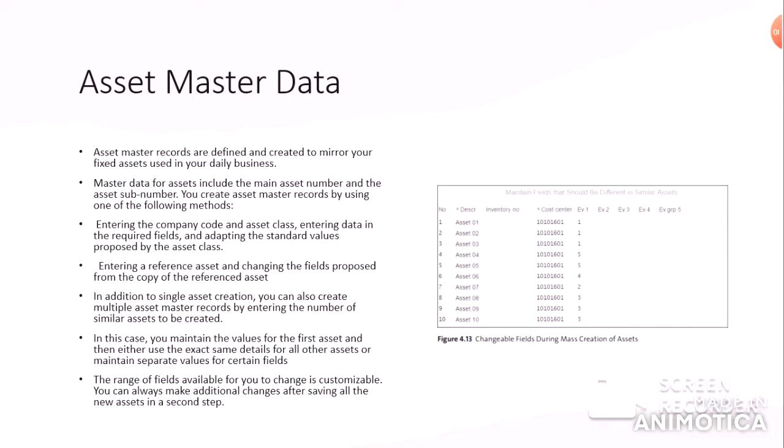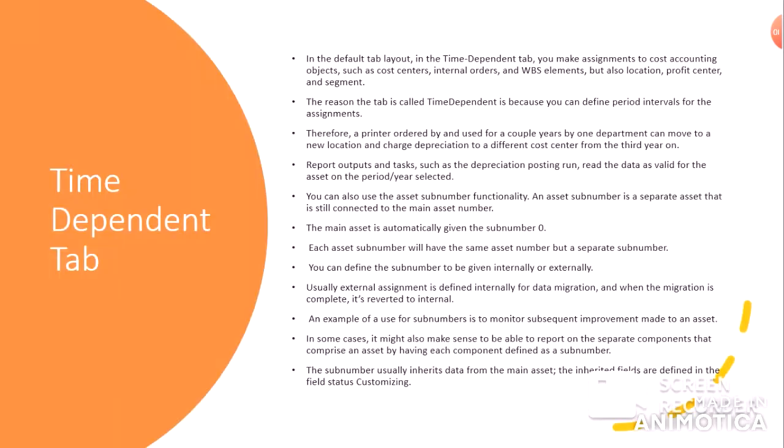So, moving on to the next slide. Whenever we see the asset master data, the second tab we can see is the time dependent tab. Why is it named time dependent, and what details are updated in that tab? Let us check now.